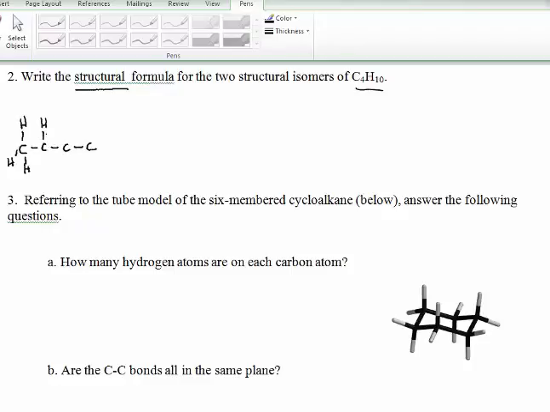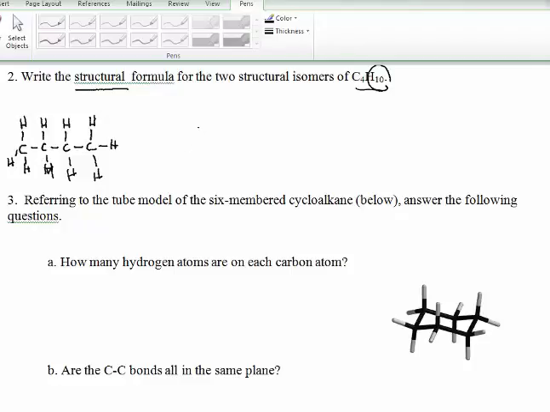This carbon has 2 bonds, so we need to add 2 more hydrogens to give it 4. Same with this one, 2 more hydrogens. And this last carbon has only 1 bond to start with. We add 3 more to give it 4 total. And we wanted 10 hydrogens. 3, 2, 2, and 3 makes 10.